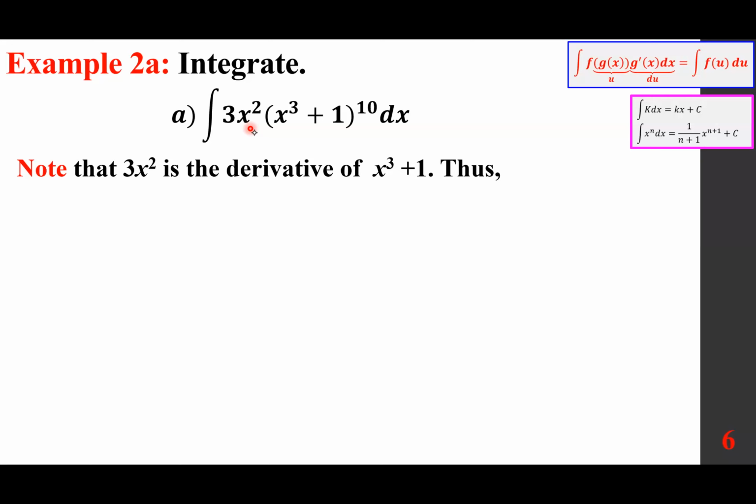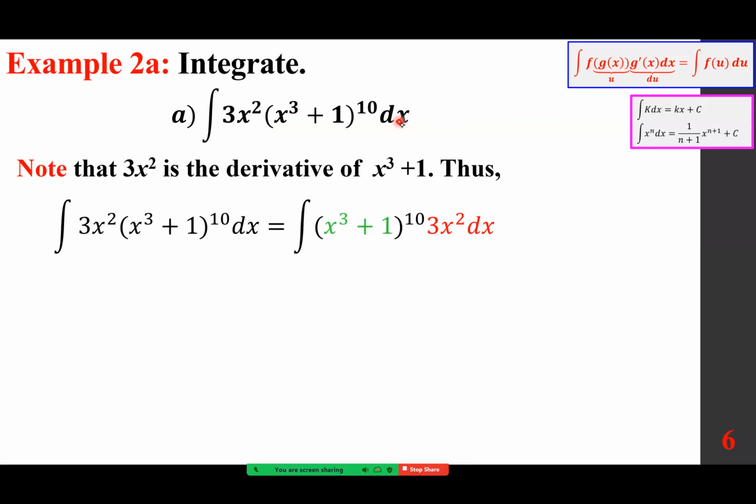Therefore, we are going to move the 3x squared next to dx. So we can clearly see if we choose this one to be u, then du dx is 3x squared and du is 3x squared dx.